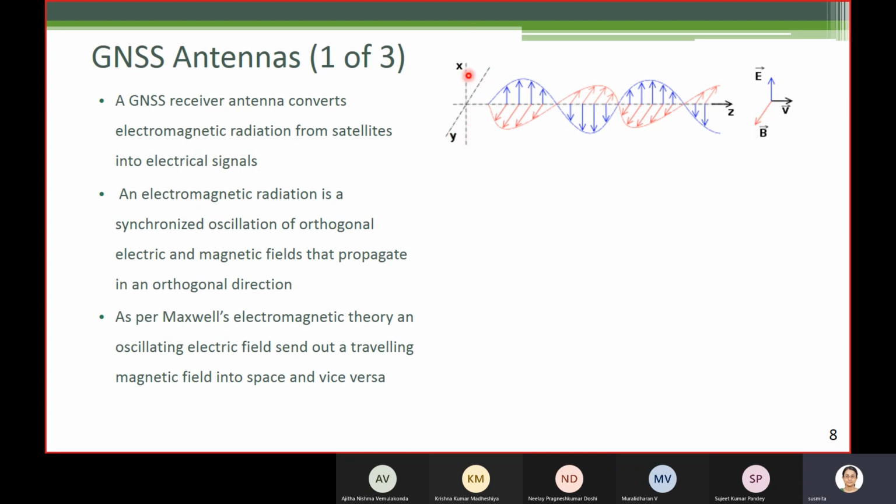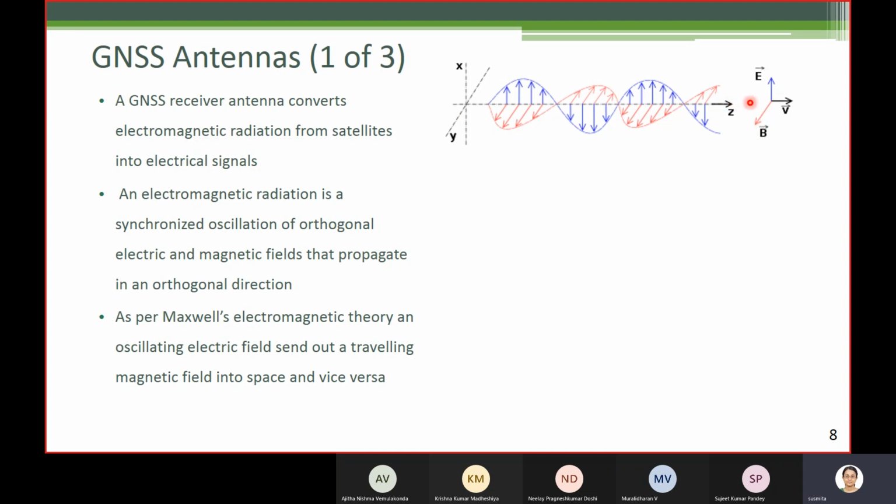They make a circle in the XY plane. Now, while rotating, if their amplitudes also change, then they will describe some ellipse. So that is a different polarization.